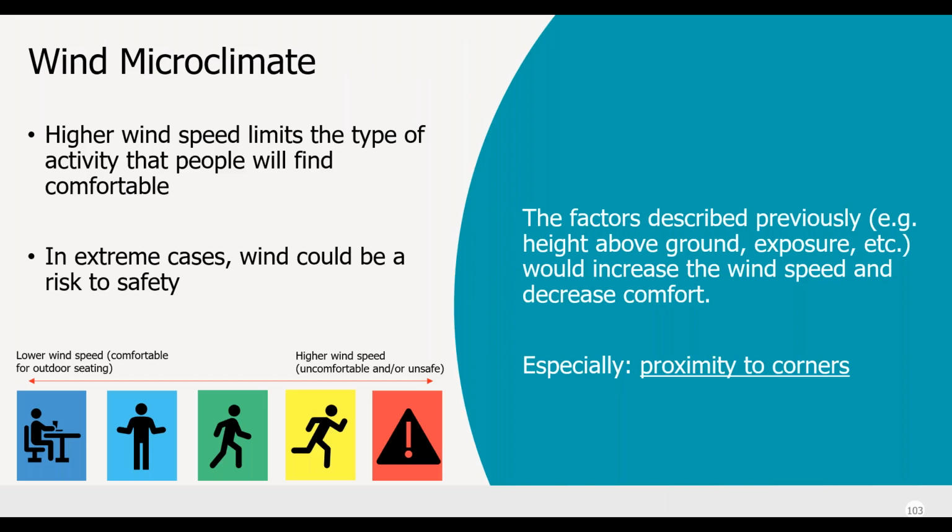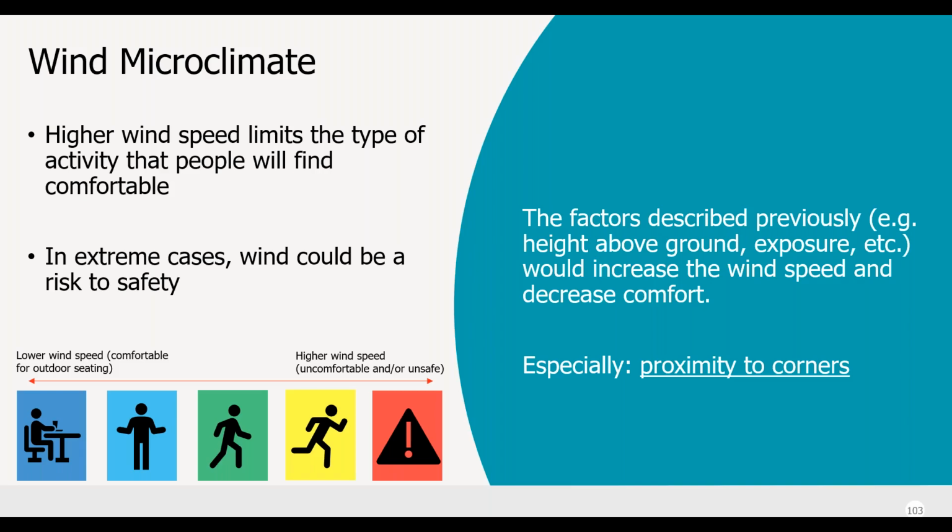The other key wind effect that we need to be concerned about and that is covered in the standard is microclimate, by which I mean the local acceleration and deceleration of the wind with respect to people, occupants of those areas. This can mean the difference between a balcony or terrace that is very comfortable and pleasant, and one which is essentially unusable due to the wind. In extreme cases, maybe even unsafe.